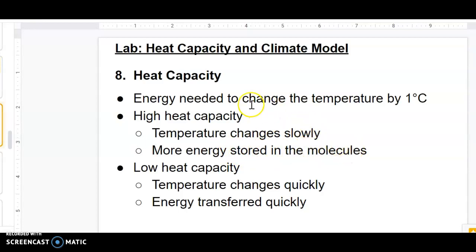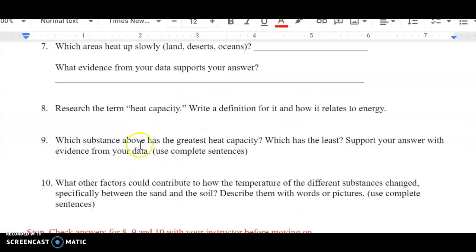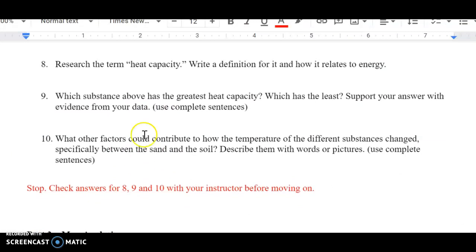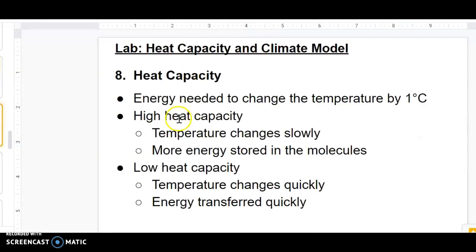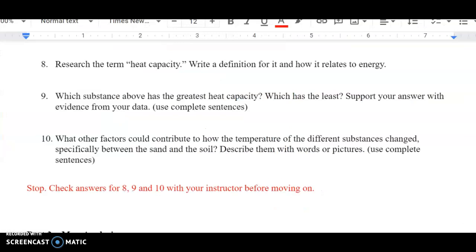And this phenomenon, that different substances heat up differently, either faster or slower, is something that you noticed in lab. And you're going to answer some other questions like 9 and 10 about that. So make sure that you have the definition for heat capacity and then go ahead and answer this stuff.